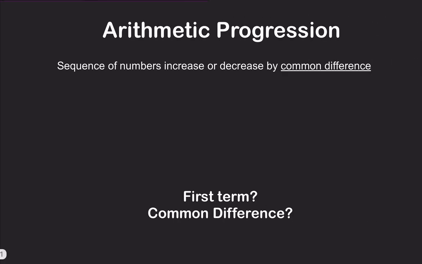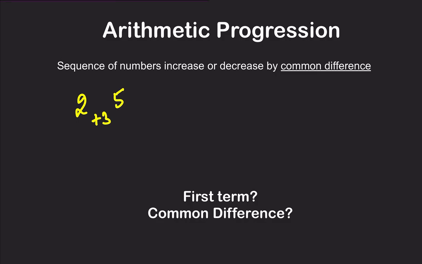What exactly is an arithmetic progression? Arithmetic progression is a series of numbers which increases by a common difference. What does this mean? Suppose I start with a number, say 2. Now to 2 I add 3, right? So then the next number I will get is 5.